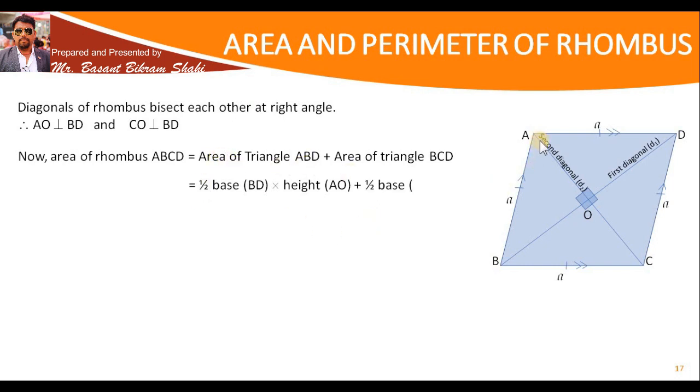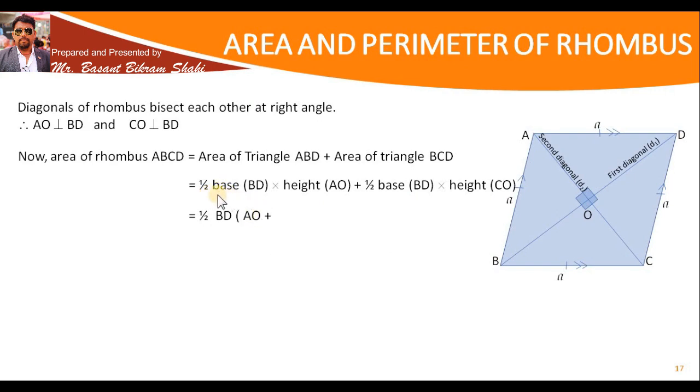So triangle ABD is half into base BD and height AO, and for the area of triangle BCD, base is BD and height is CO. So we have this formula.